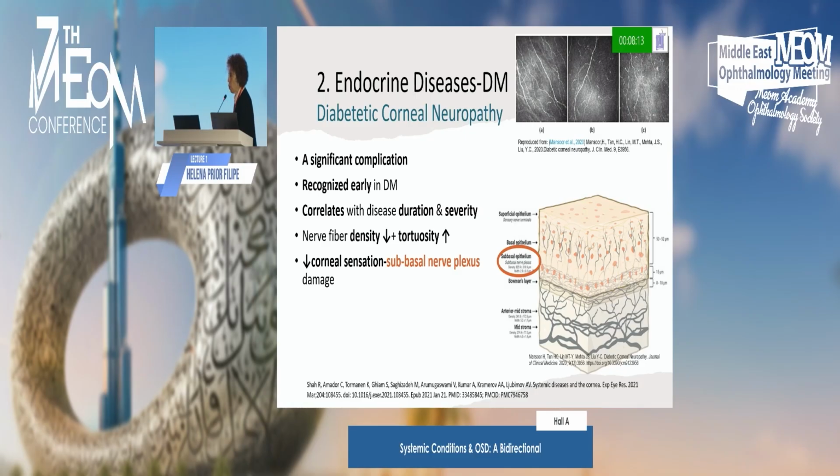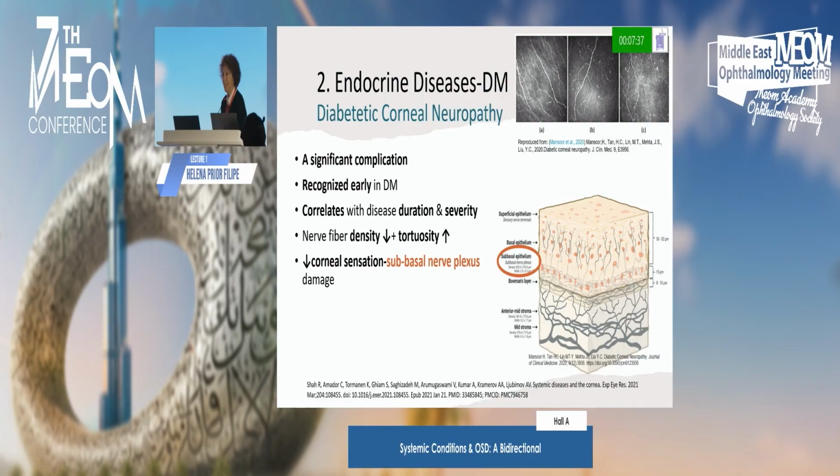When we think about corneal neuropathy, which is a very significant complication of diabetes mellitus, it's also recognized as an early finding of diabetes mellitus, and correlates with disease duration again, and also with severity of diabetes. What we can find is a decrease in nerve density, and also a decrease in density of the fibers, but on the other hand, an increase of the tortuosity of the fibers that remain, as we can see in the picture above.